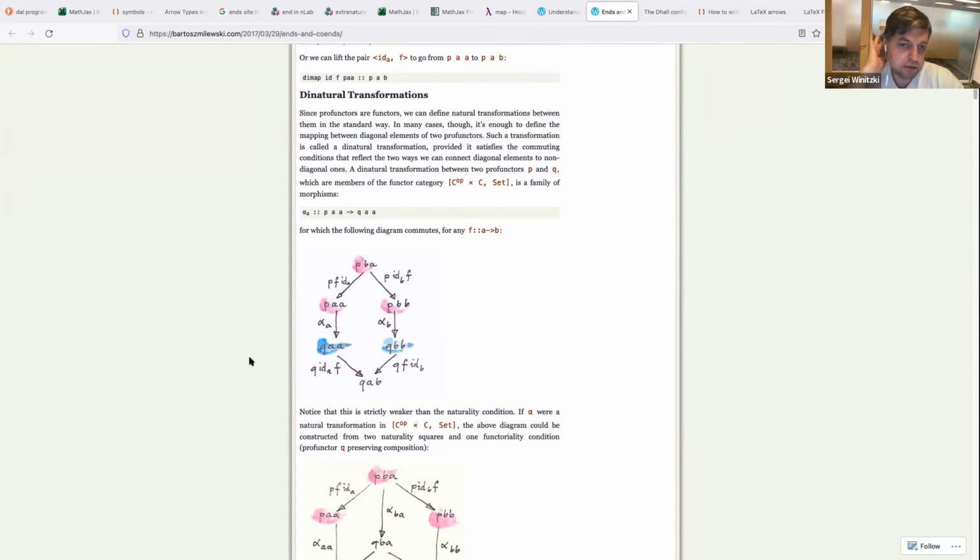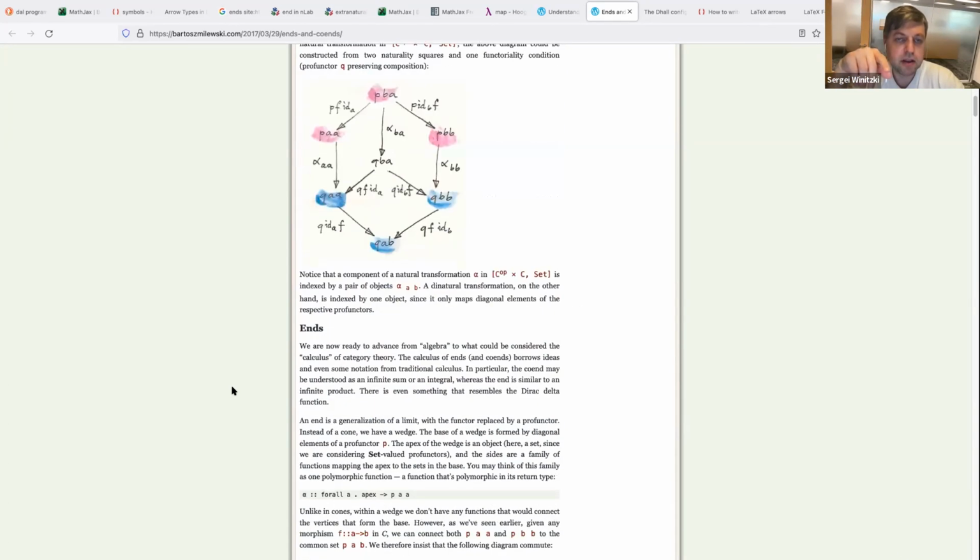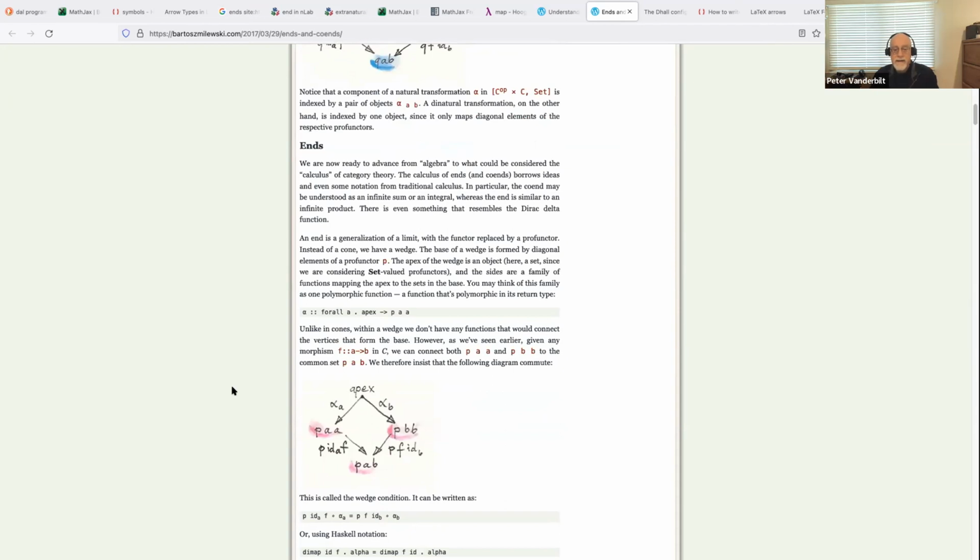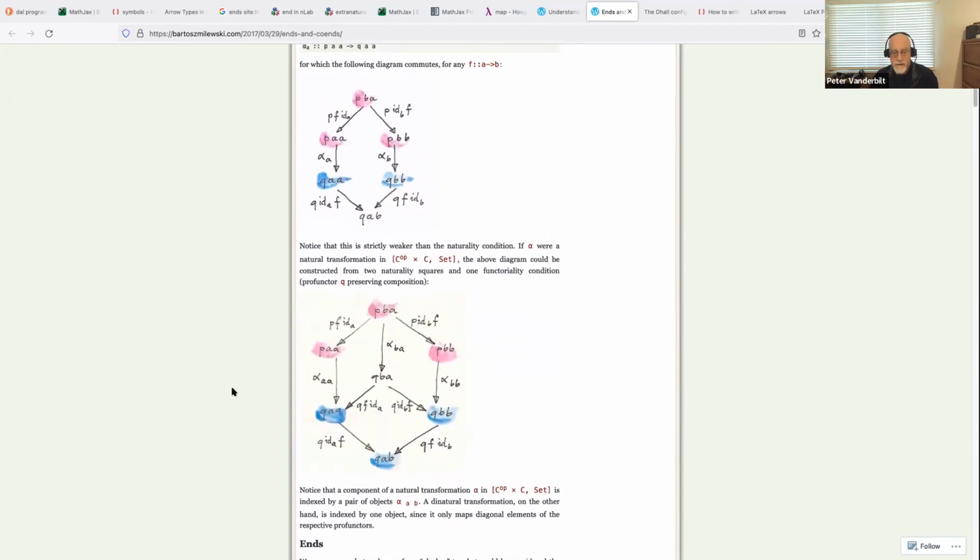If you have that kind of transformation, then you just need naturality squares separately for each type parameter. But you do not have that. You only have diagonal transformations. So that second diagram, I think that is the naturality. If you had the naturality condition, that's what it would look like.